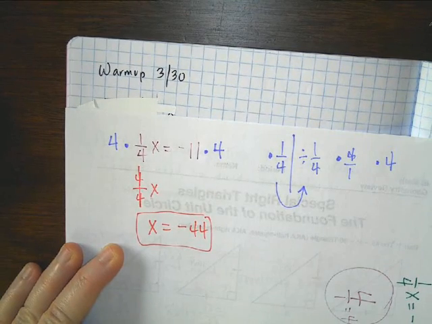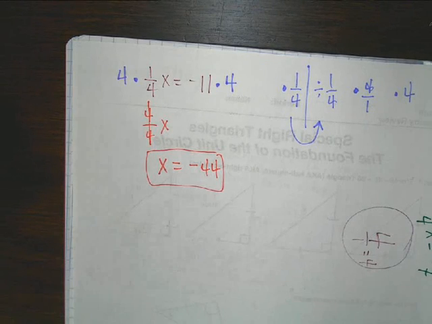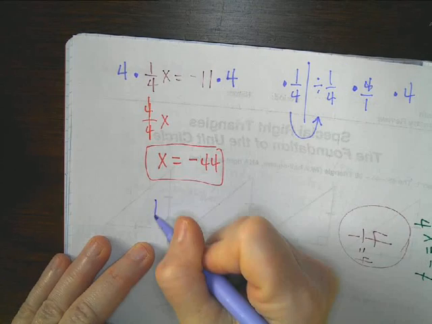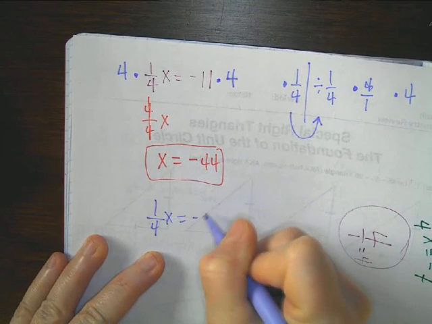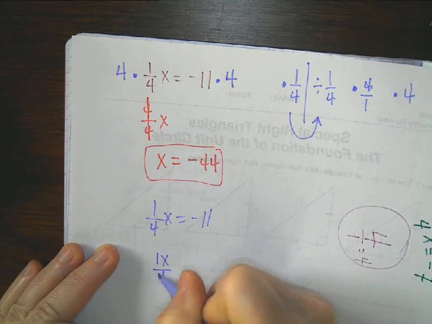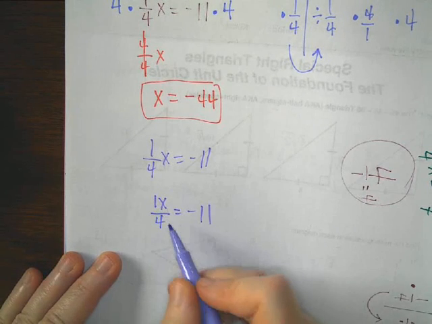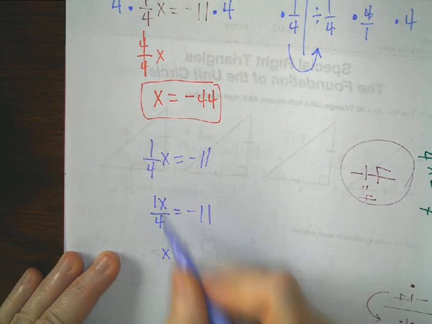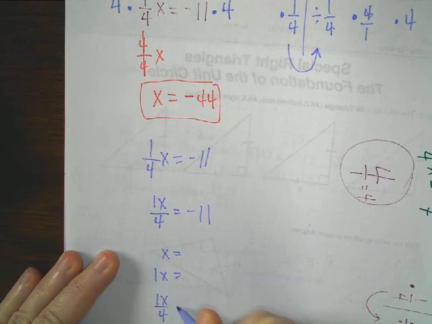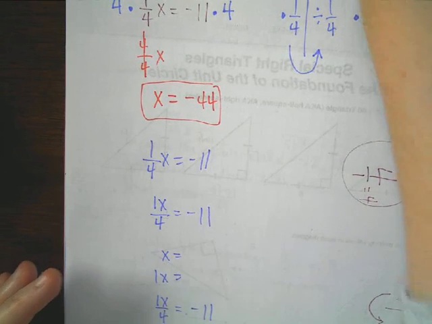Now, I could also do it with deconstruction. Last week, I showed you if you're doing it with deconstruction, you can rewrite the problem. 1 times x is 1x over 4 equals negative 11. And now I can do my construction steps.